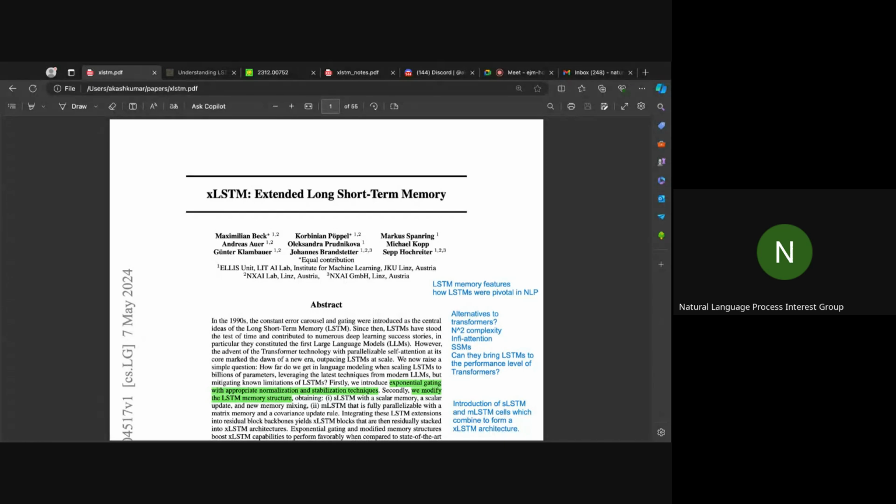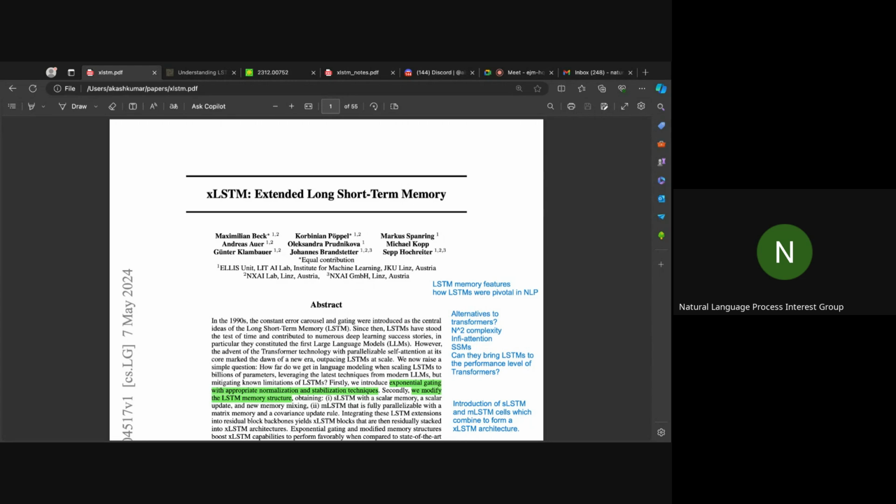So LSTM, just to give a quick introduction about the LSTM architecture. LSTM architectures were introduced as an update to the RNN architecture because RNN architecture kept having the problem of vanishing and exploding gradients. And the solution to that was the introduction of a cell state, which we can think of as memory also.